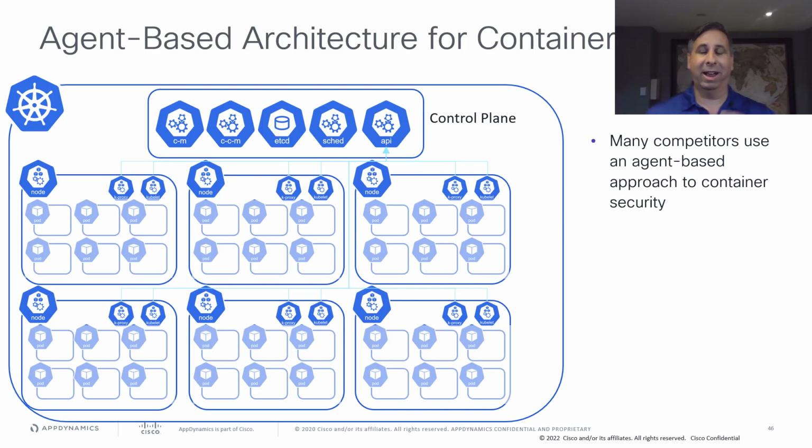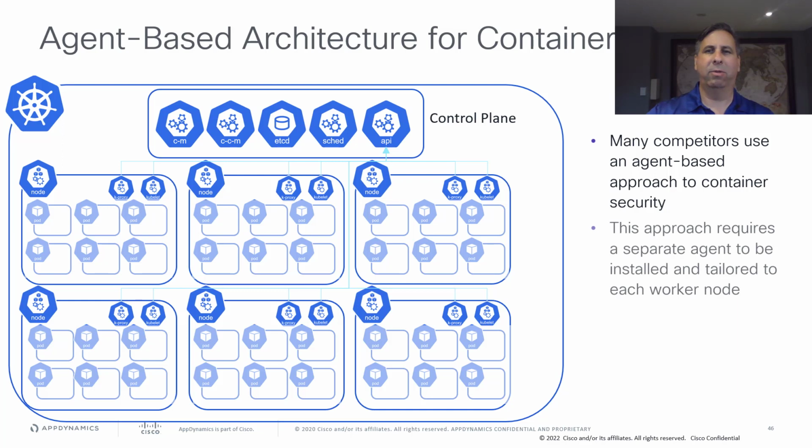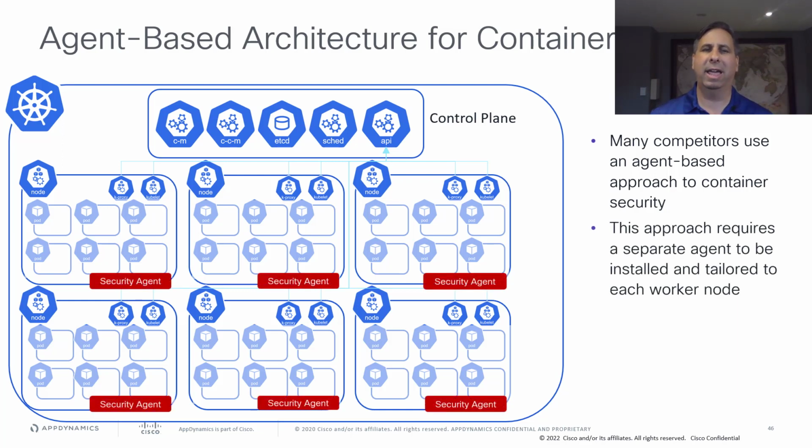And what I really like about the architecture that's been used here is that a lot of competitors use an agent-based architecture. Now, what does that mean? Remember, we talked about Kubernetes environment where we would have a control plane and worker nodes, and they would then apply security agents on all of these worker nodes.